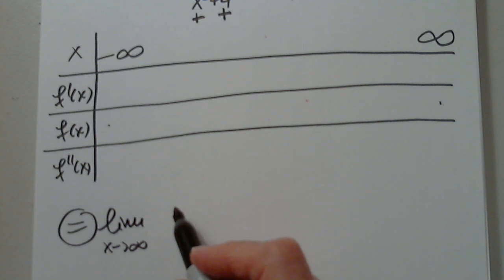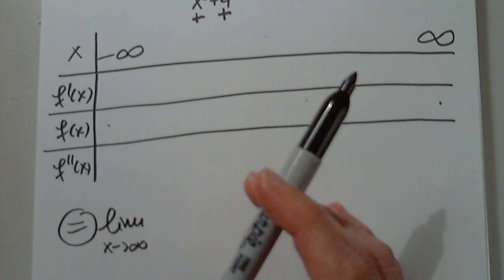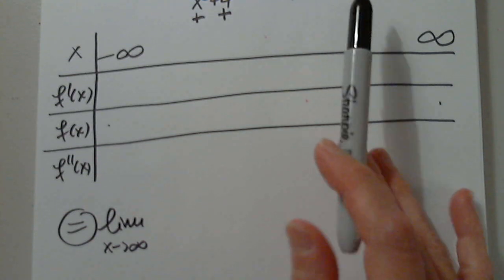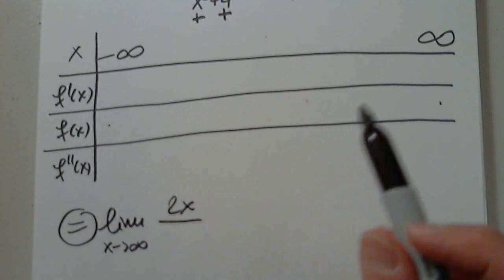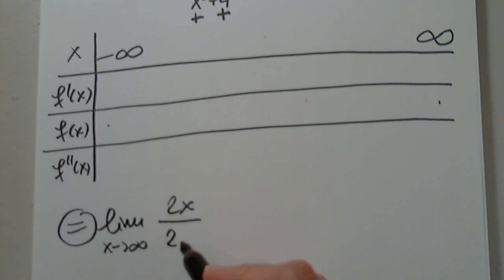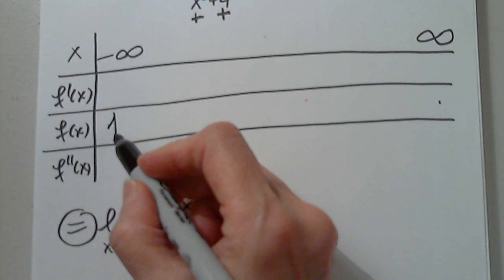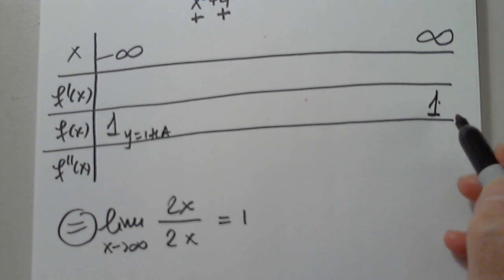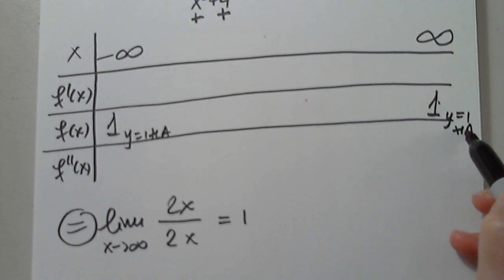So what is the derivative of the top? 2x. Good. What is the derivative of the denominator? 2x. So then the limit is 1. So y equals 1 is a horizontal asymptote.